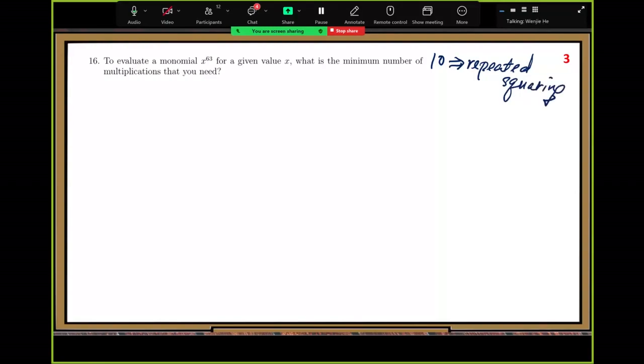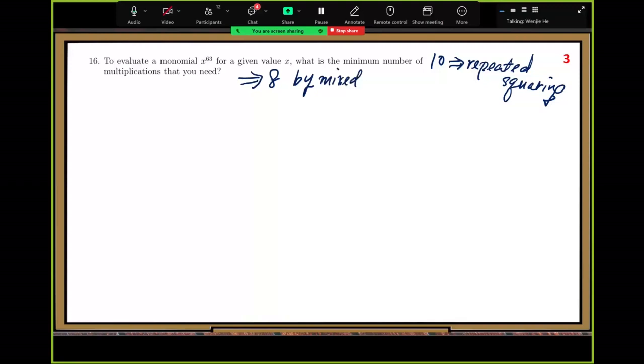But that's not the best answer. If we can mix repeated squaring with repeated cubing, we can get better. We can get 8 multiplications by mixed.